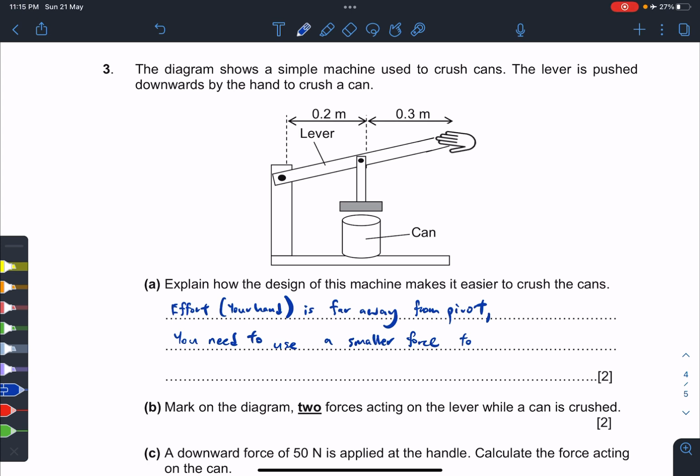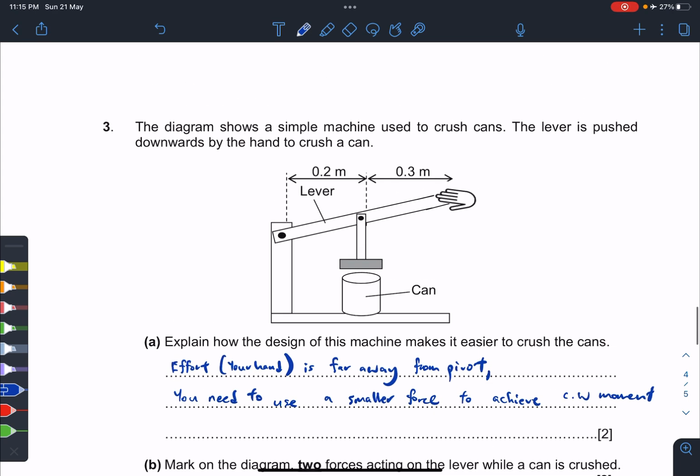This smaller force is to actually achieve some form of clockwise movement. I mean, if you want to crush a can, you have to move down, so it's a clockwise movement. So what are the forces here we're looking out for?